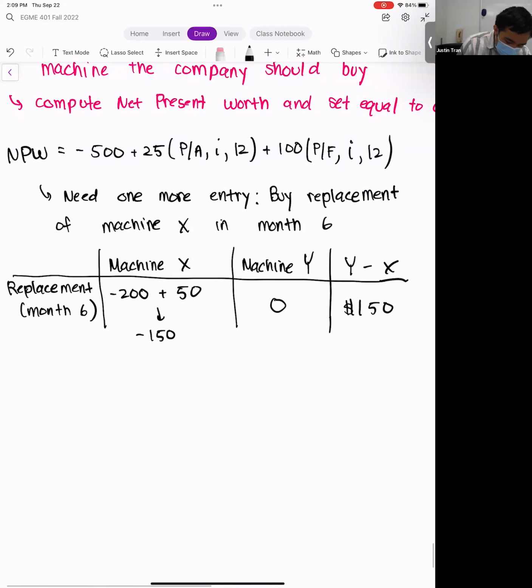And so to our net present worth equation, we're going to add positive 150 P over F, i and 6.